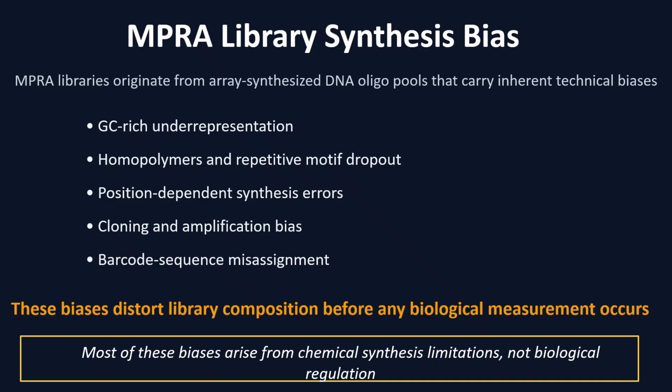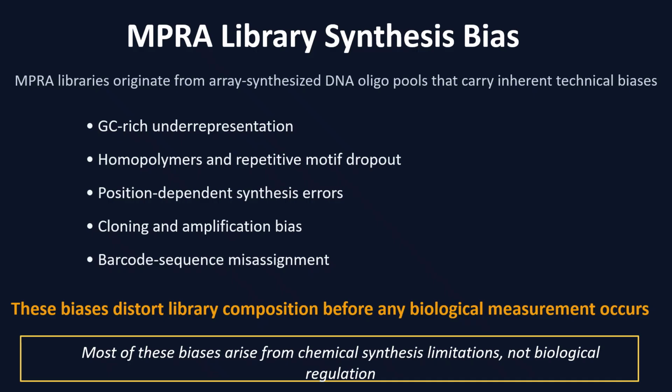After synthesis, additional biases occur during cloning and amplification. Some variants enter the plasmid library more efficiently. And then again, barcode assignment can also introduce mismatches between sequence and measurement.